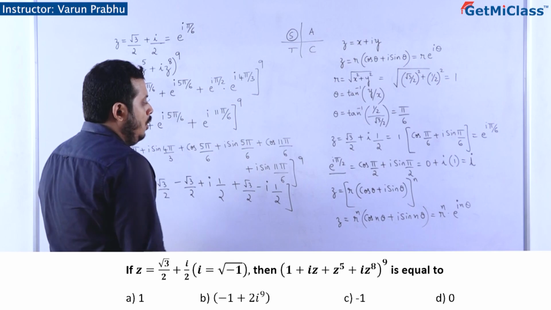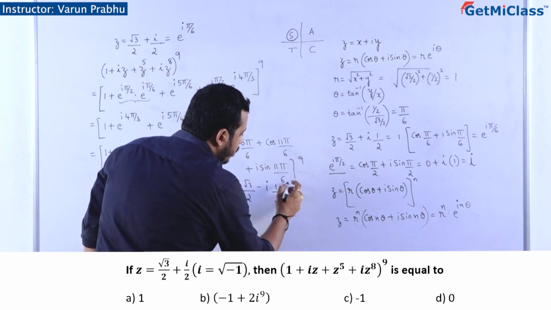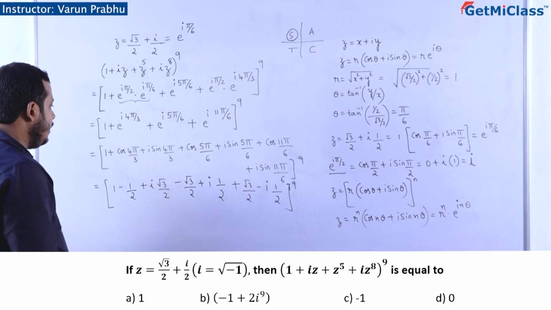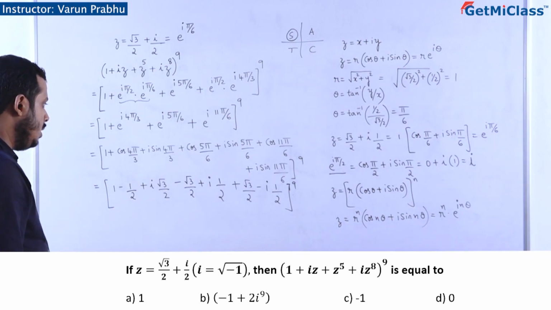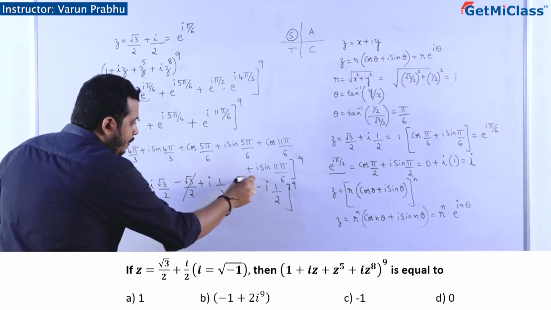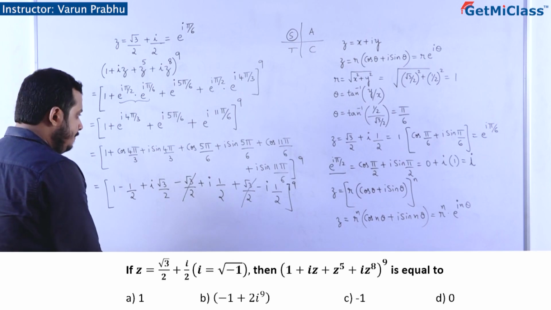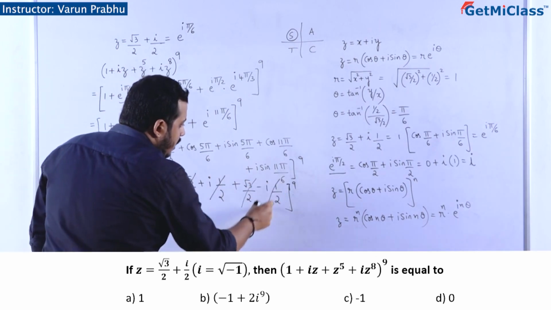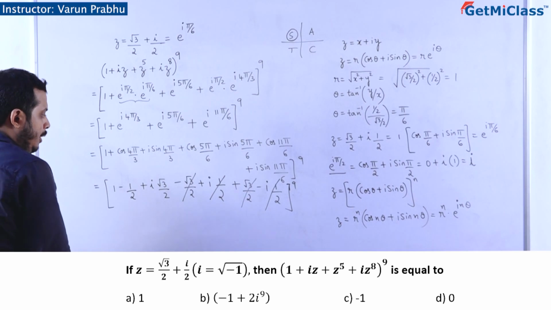Correct or not? Whole to the power of 9. So you can clearly see here, minus root 3 by 2 and plus root 3 by 2 will get cancelled. So plus I by 2 and minus I by 2 will get cancelled.